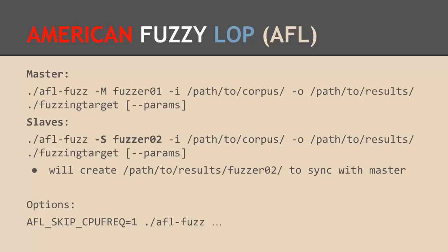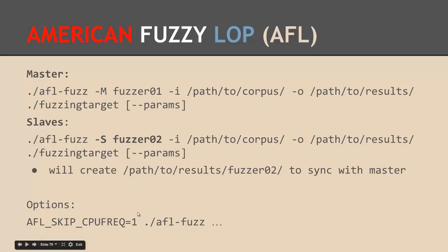Now, there's a way to get multiple AFL instances to work together, and the way to do that is to have a single master instance, which is the minus capital M, and you give it a name and set up the rest of the inputs corpus and the output result file, what the binary, the application under test is, and any parameters it may have, and then the slaves that work with the master all are designated with minus S, and each have to have a unique name.